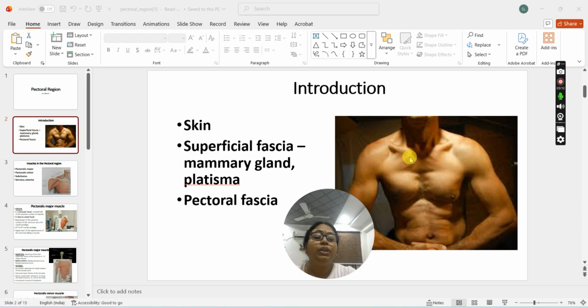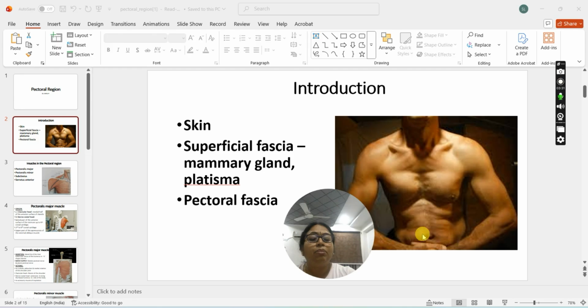Done? So deeper, along with the cutaneous nerves, you have the cutaneous vessels which supply the pectoral region, which are derived from the intercostal arteries. And the superficial lymphatics of the skin and fascia in the upper part, this area, the pectoral region.